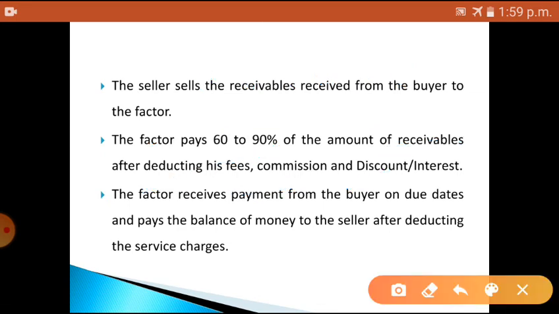Next, the factor receives the payment. Once he has got all the invoices and bills, the factor receives the payment from the buyers on the due dates, and he pays the balance of money to the seller after deducting his service charges.